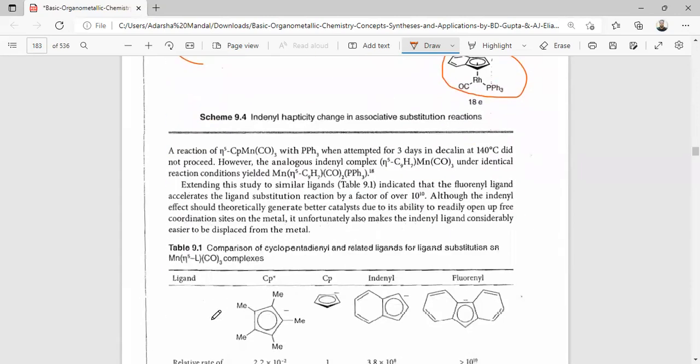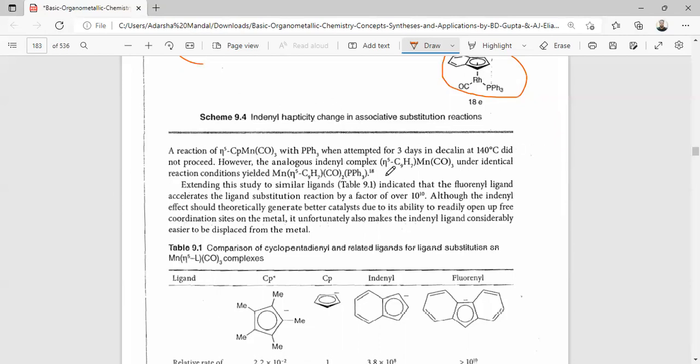The reaction of eta-5 CpMn(CO)3, when attempted for 3 days in decalin at 143 degrees, did not proceed.